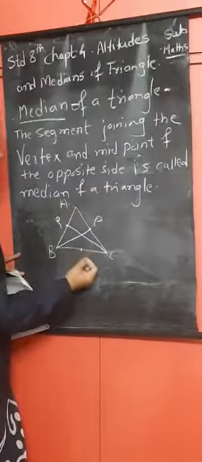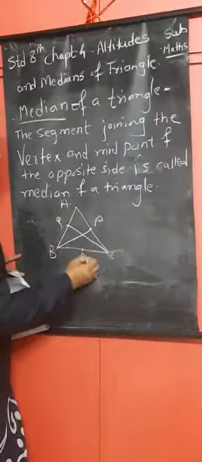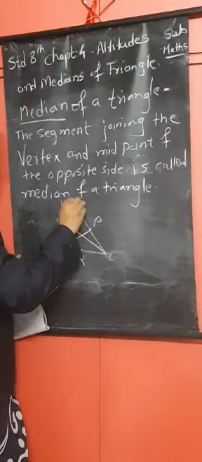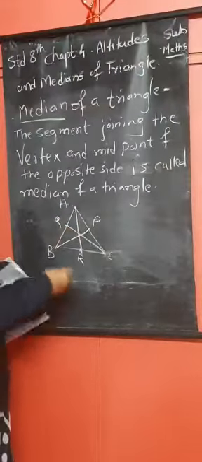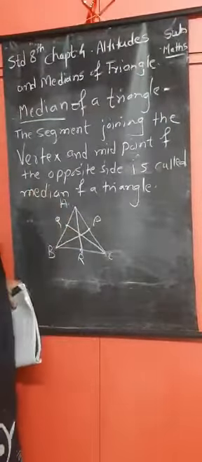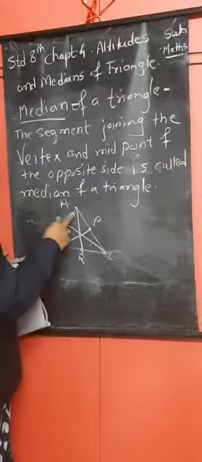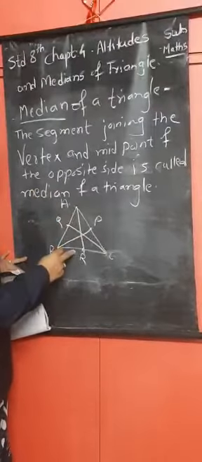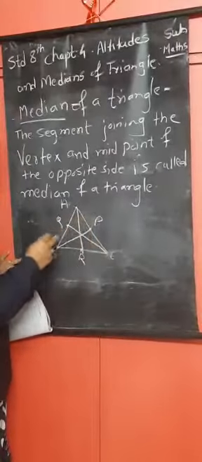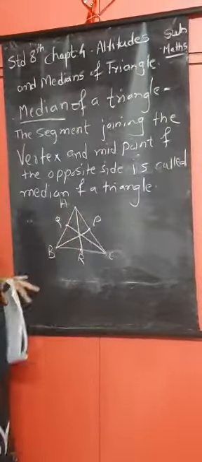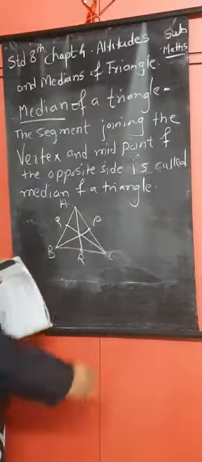The midpoint of BC is R. When we join AR, it is the median of this triangle. In this way, we draw three medians: QC, PB, RA. The triangle has three medians.